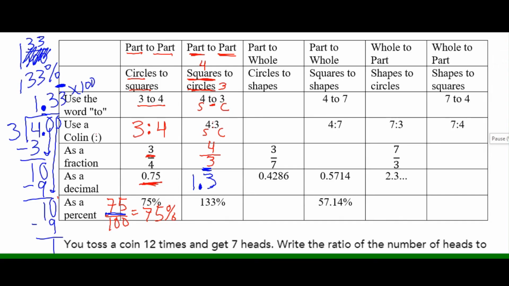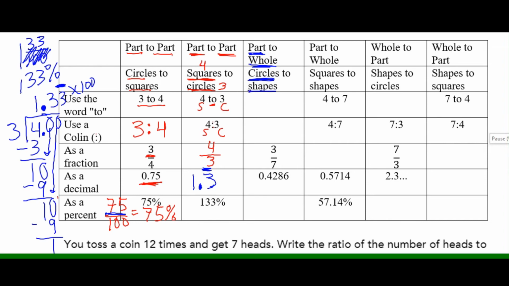All right, moving on to the next one. You don't need to write the decimal examples down, just fill in the chart. We have a part to whole ratio. So we're starting with a part, and we have a colon, or fraction line or whatever, and then we put the whole. So circles needs to go first, order is important, and then we need to put the total number of shapes.